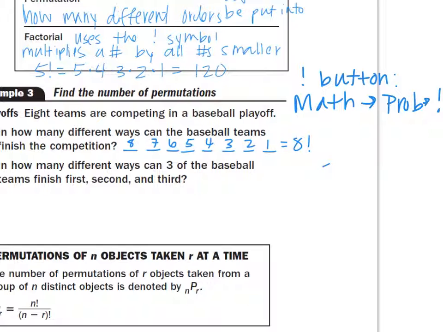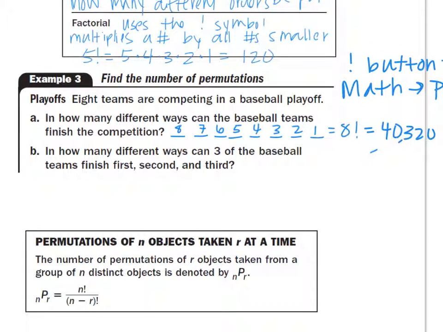So that's where we find that if you want to do that on your calculator. You could also not do that on your calculator. We could just do the regular old 8 times 7 times 6 times 5 all the way down. And either way, we are going to get 40320. So there are 40,320 different ways the baseball teams could finish.